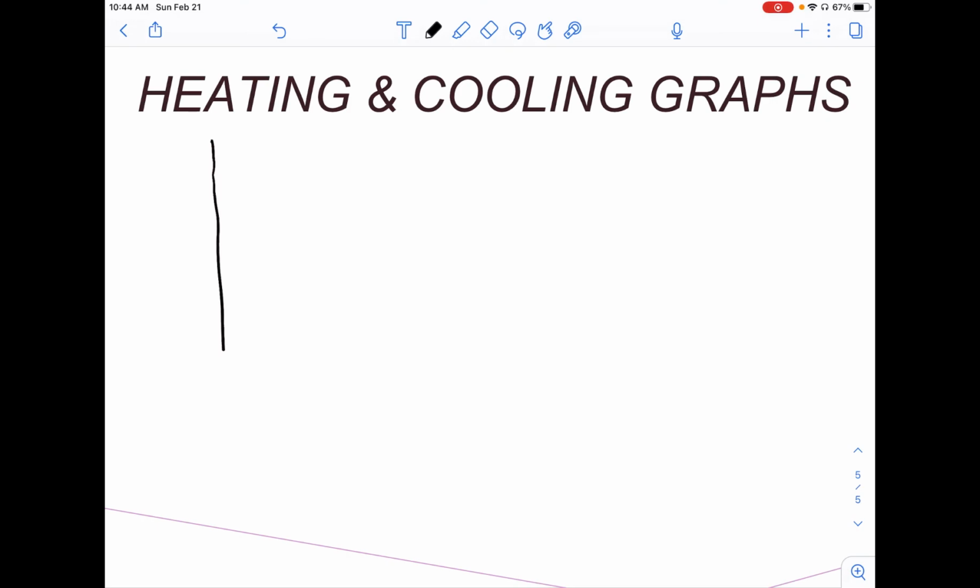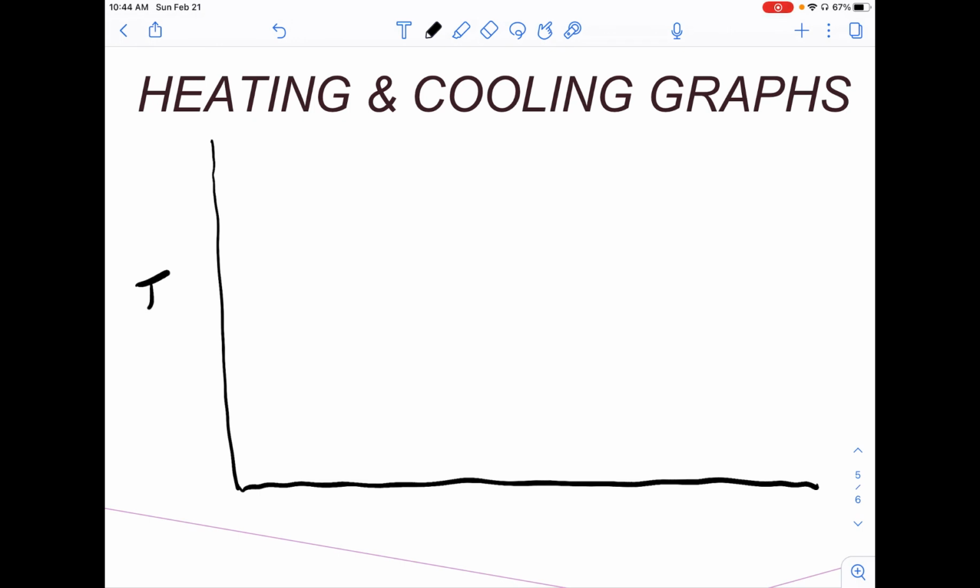And so in the lab, we would create a graph where this is temperature, and then the x-axis sometimes is time. And remember that over time, we're just changing energy.